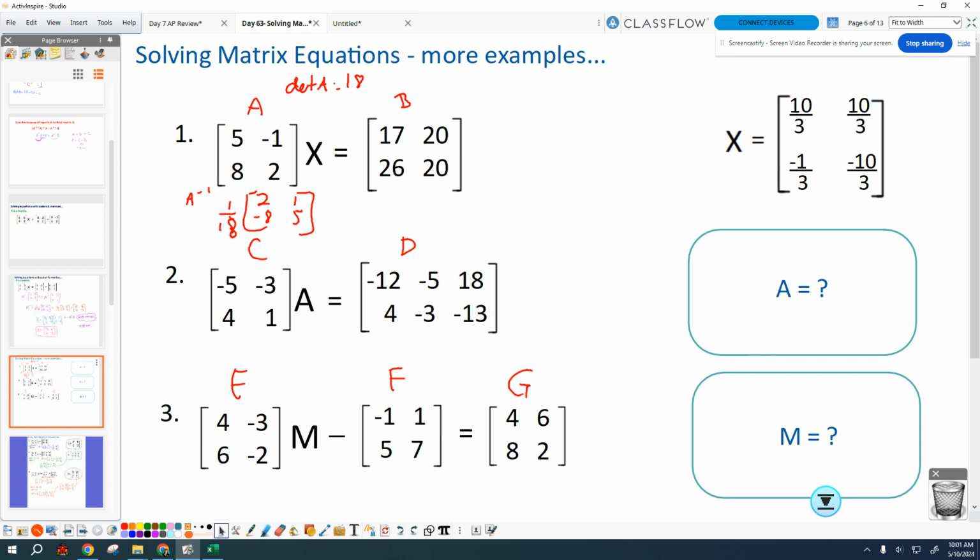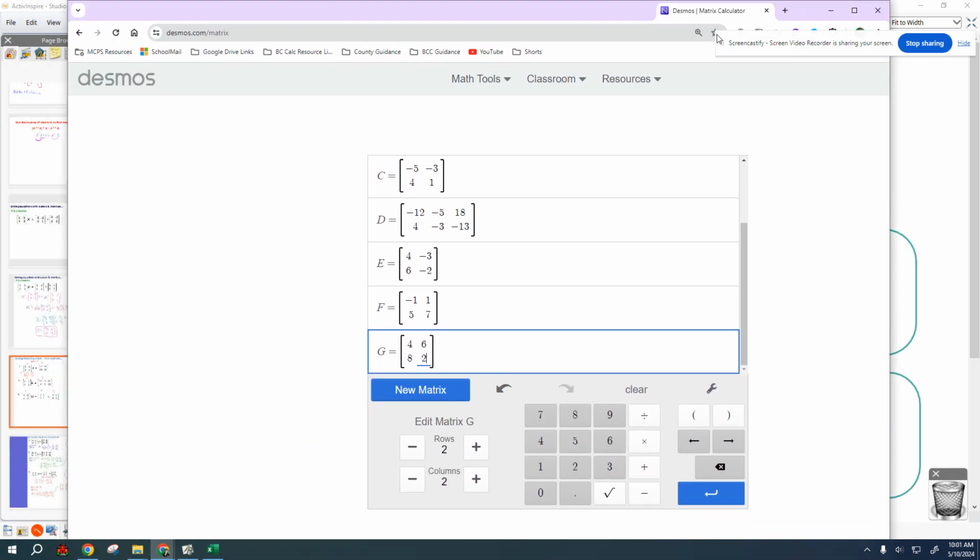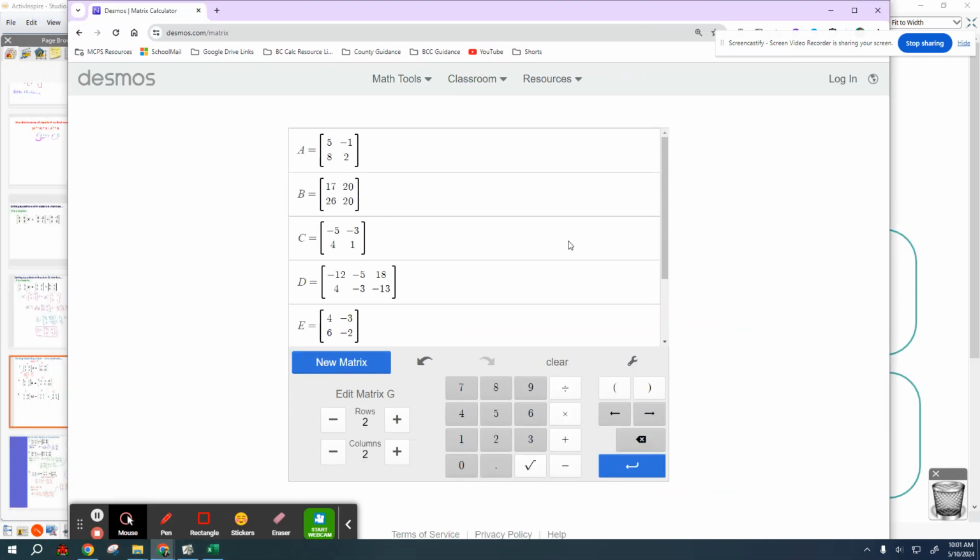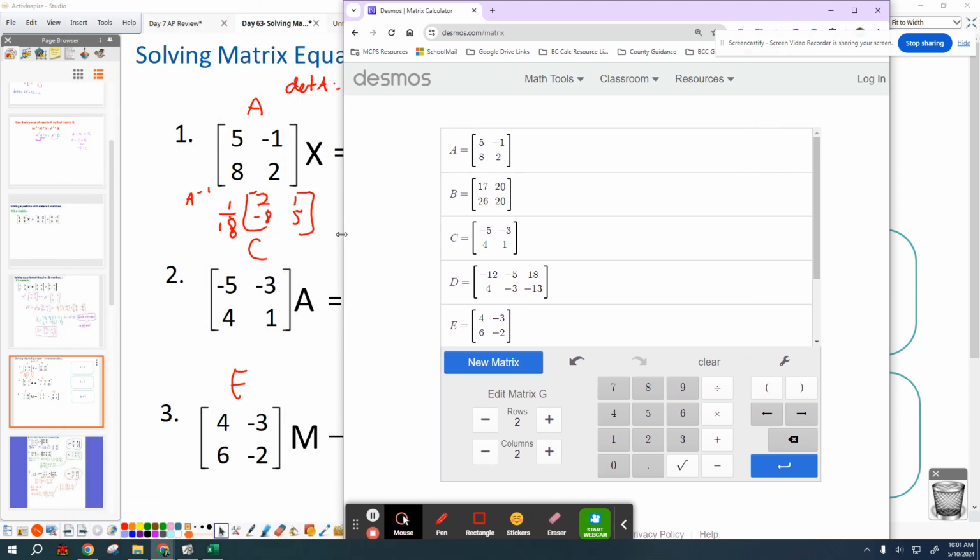Okay. Guys, can you hold on a second? I want to show you the Desmos matrix calculator. All I did was type these in. Can you stop talking? So let's see.